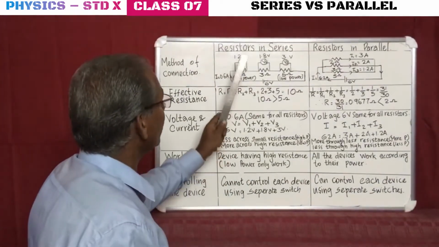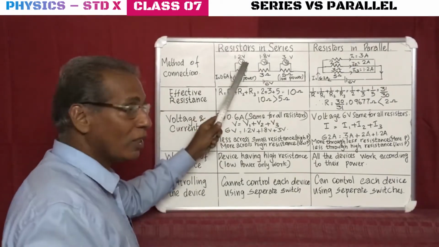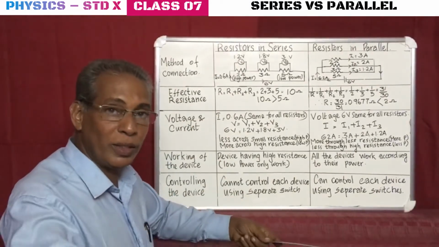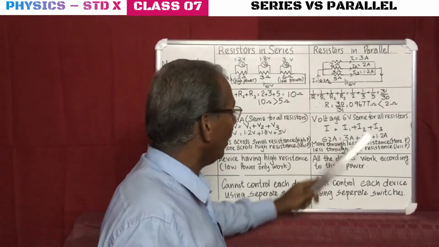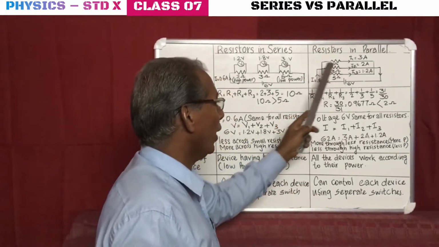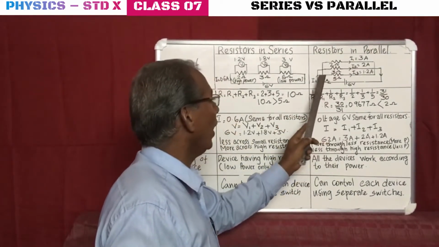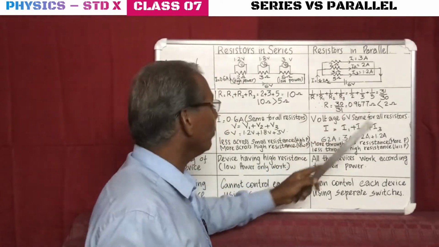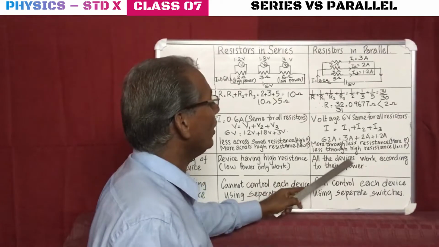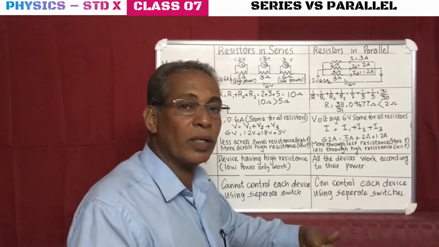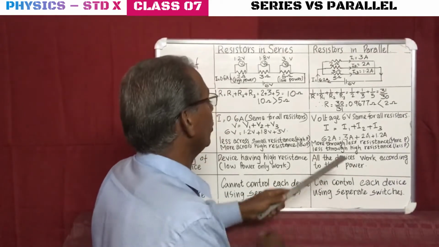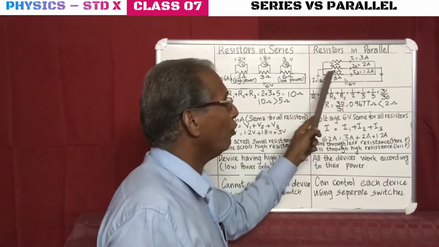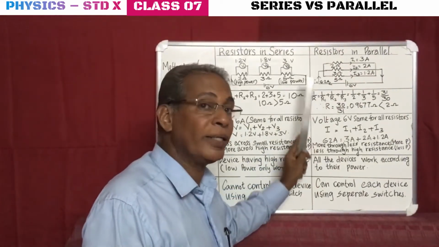So this is the limitation of this series connection that we will prove in the coming video. In parallel connection, we know the current is split into 3 and the voltage across each point is the full voltage. So we can have all the devices working individually, each drawing its own current, and all the devices will be working at a time.